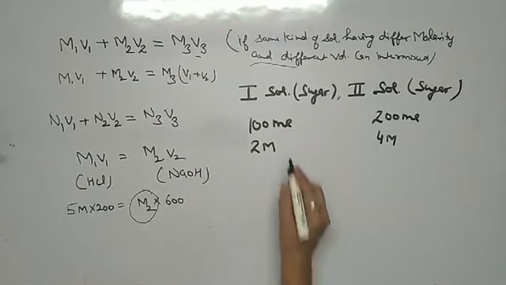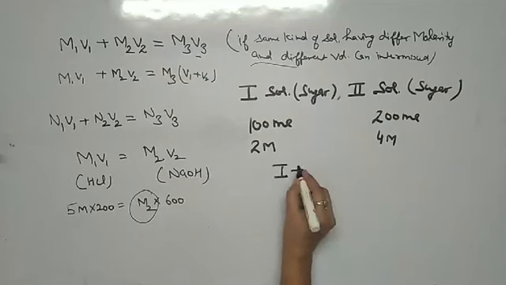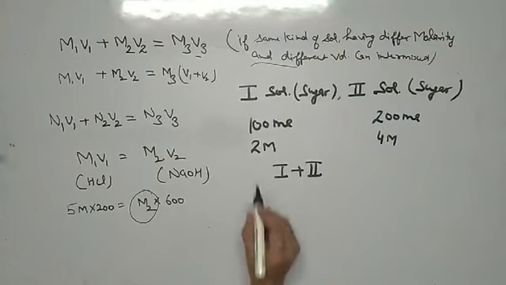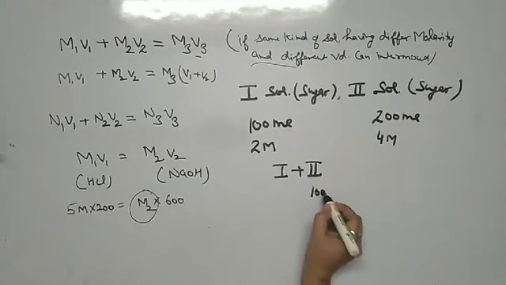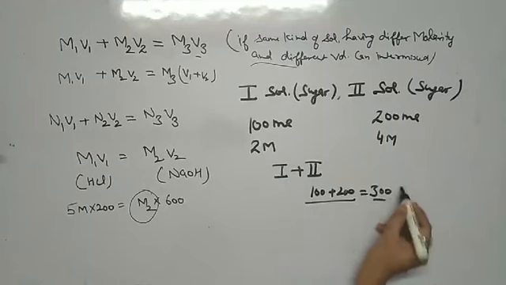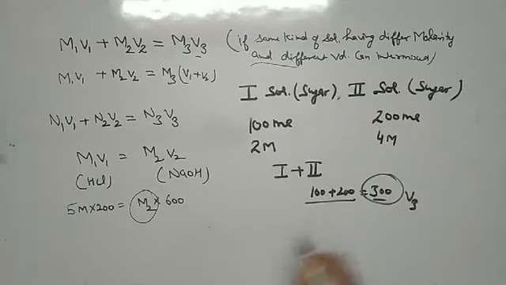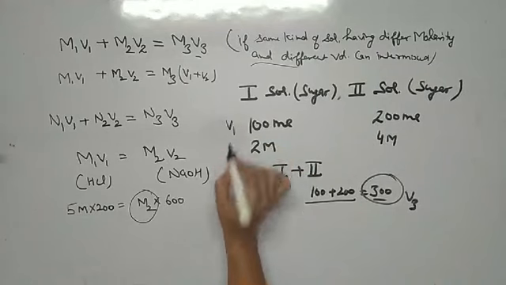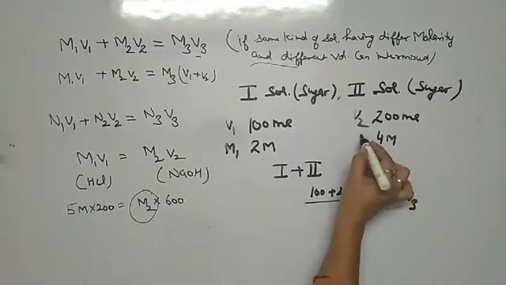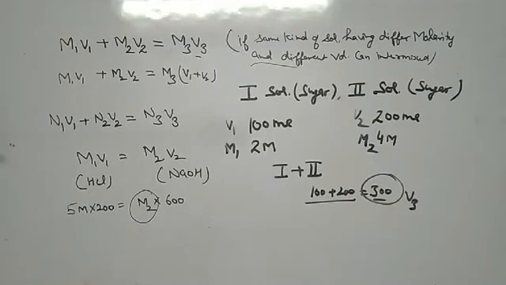Now what happens whenever we add the first and second solution? Whenever we add, 100 plus 200, the volume becomes 300. So this one is your V3. This one is your V1, this one is your V2, this one is your M1 and this one is your M2. Clear?